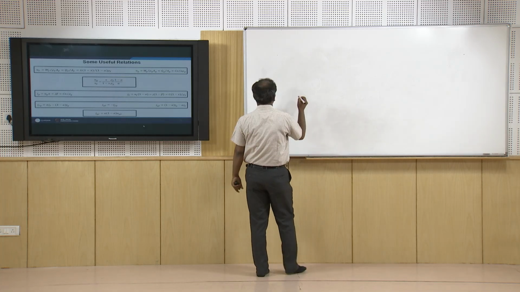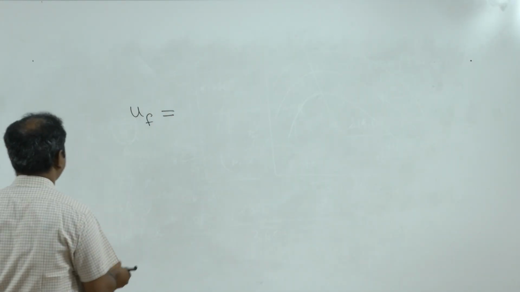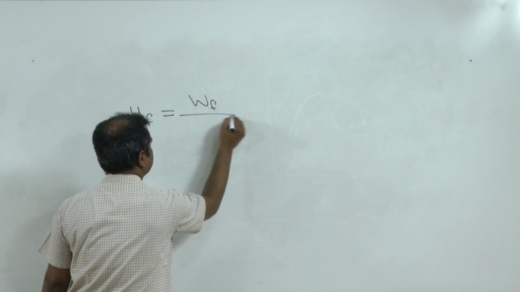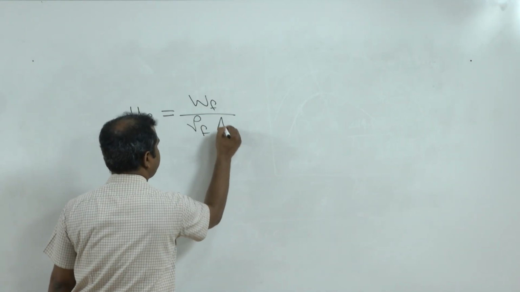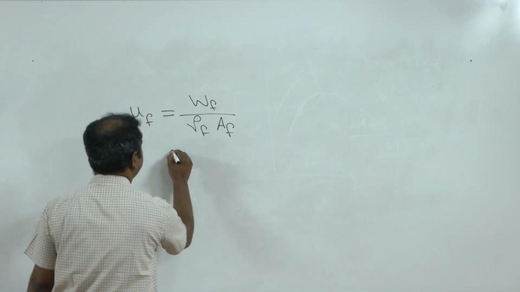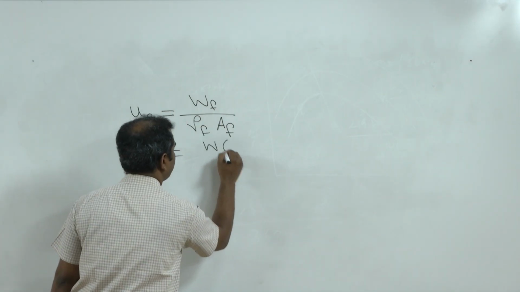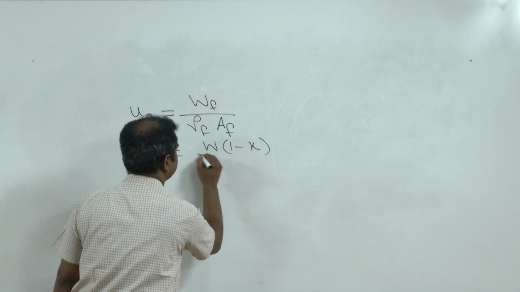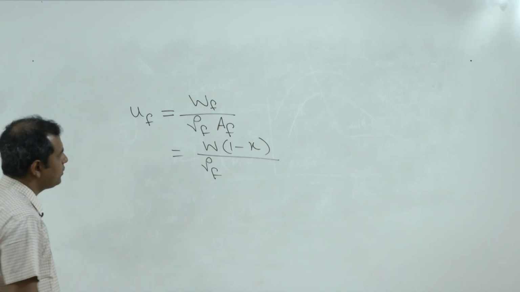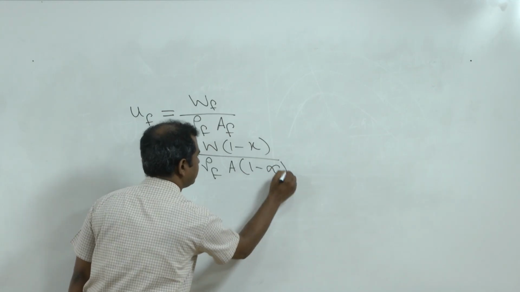So, first let us see UF. It is actually Wf by rho f into Af. Here we can write this as W into 1 minus x, and then rho f. In place of Af we can write A into 1 minus alpha.